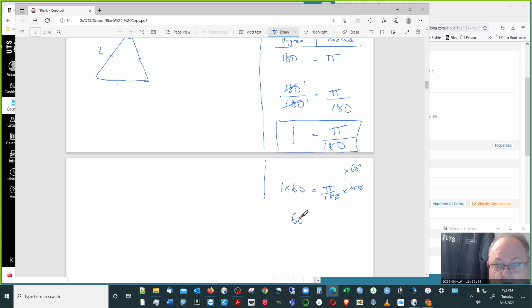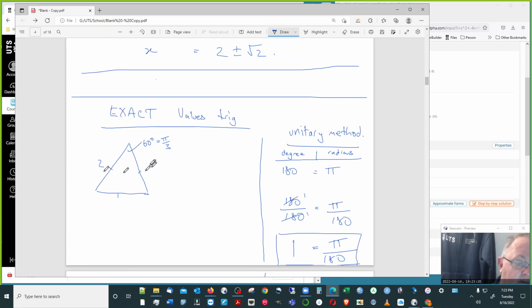So 60 degrees will be equal to 6 goes into itself once and 18 3 times, pi on 3. Now you can do that for all of them, and they do teach it, and they generate tables and, you know, wonderful things. Couldn't care less. Hate it. Absolutely hate it. Do this. Okay, get used to doing this one.